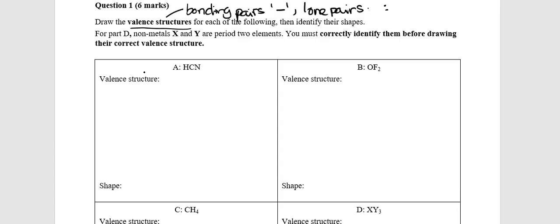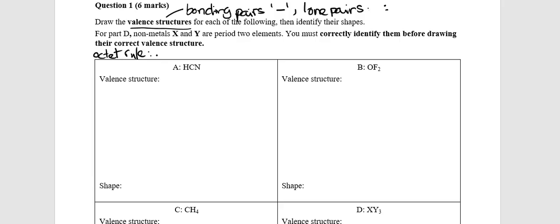Now, before you start drawing, if you're not sure, it is a very good idea to think about how many covalent bonds these elements want to form in order to have a full shell. And obviously, the octet rule is a very limited view, but it is a very good tool as far as year 11 chemistry is concerned.